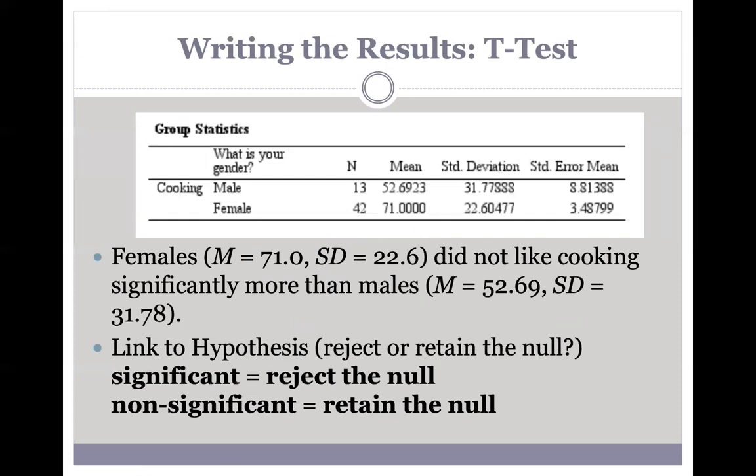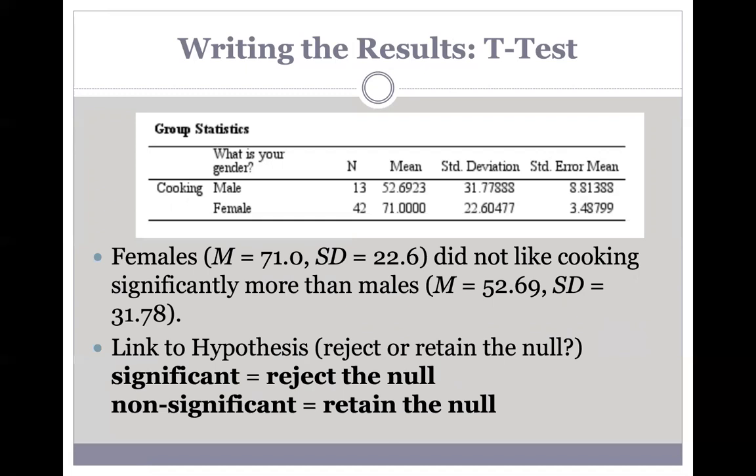Now you also want to probably restate your descriptives. And then you can say the hypothesis was found not to be significant, so we would reject the null hypothesis. That's about as much as you want to say. Or it's found significant, so we reject; non-significant, so we retain. You don't want to go into deeper analysis, just state that.